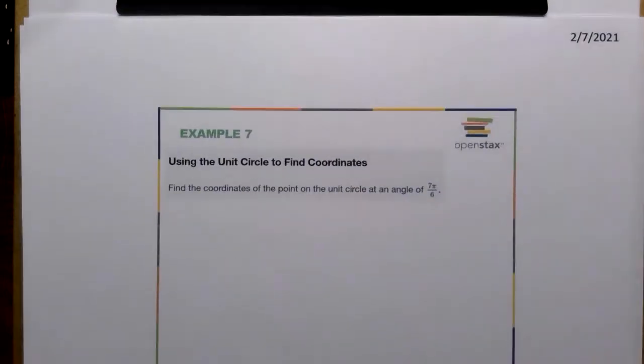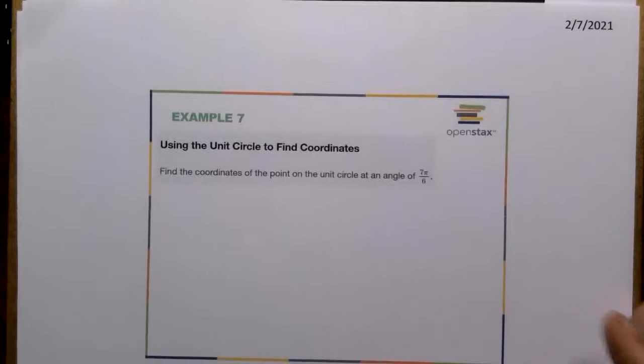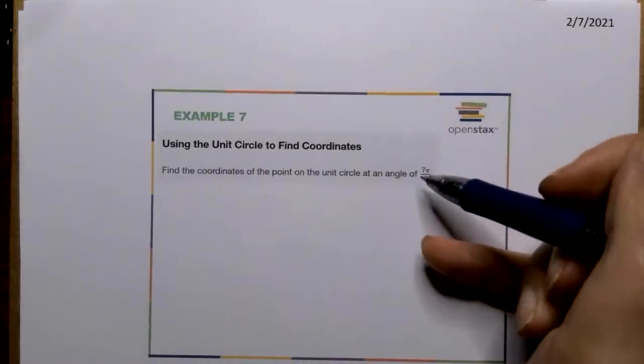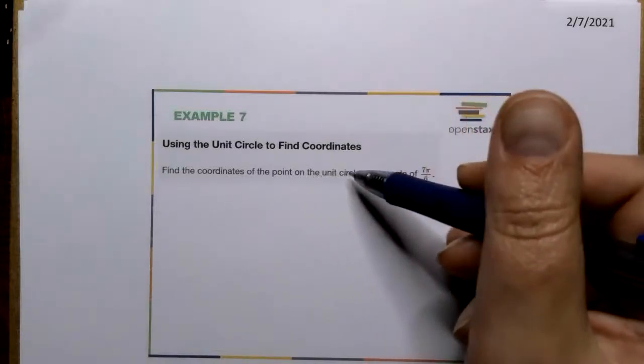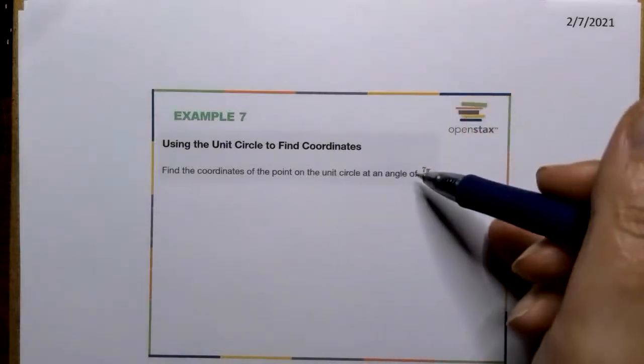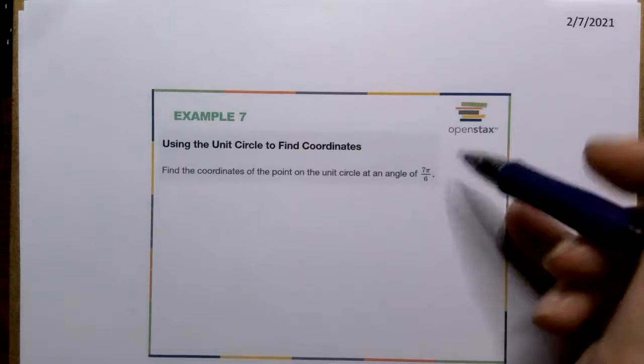And the last example that I want to do in this section is this. It says using the unit circle to find coordinates. Find the coordinates of the point on the unit circle at an angle of 7 pi over 6.